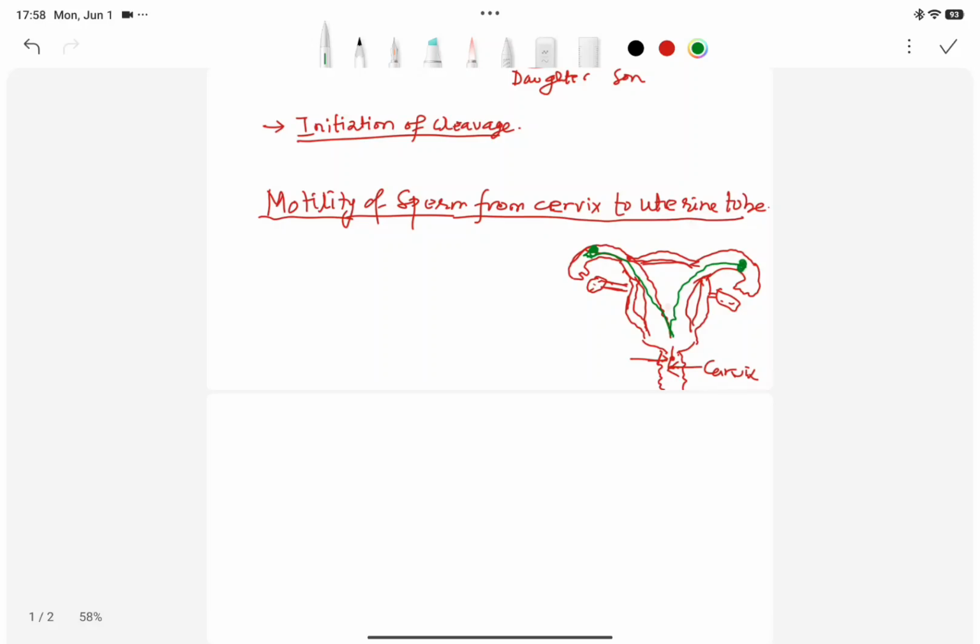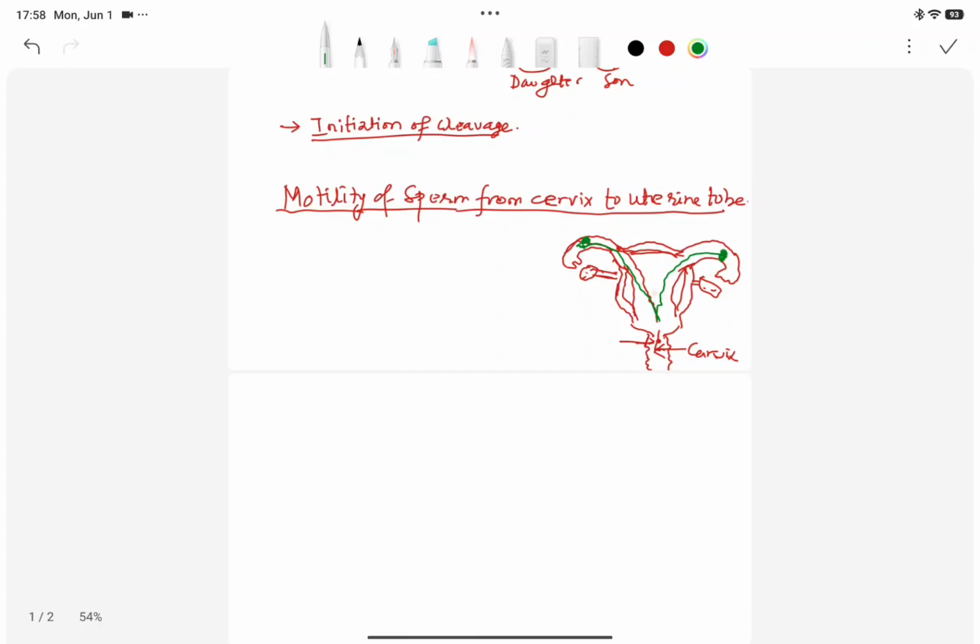So what facilitates the sperm to move from the cervix to the ampullary region of the uterine tube? There is a muscular contraction, the muscular contraction of the uterus and uterine tube.